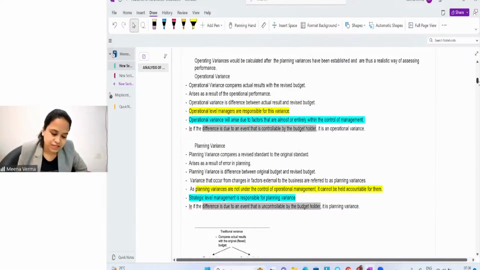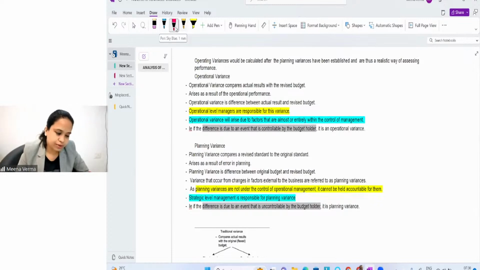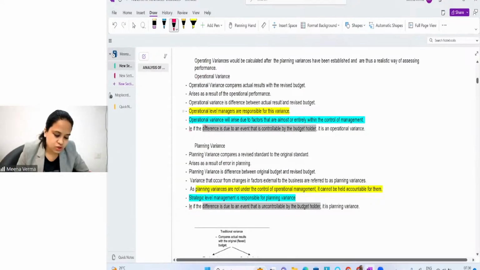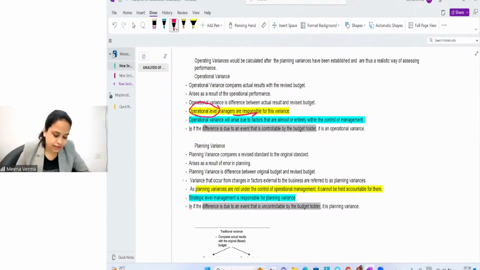So again, if you see, these points are written in your learning material. We have just learned operational level managers are responsible for operational level variations, right? And strategic level managers are responsible for planning variations, right? Operational level managers are not responsible for planning variations, right?